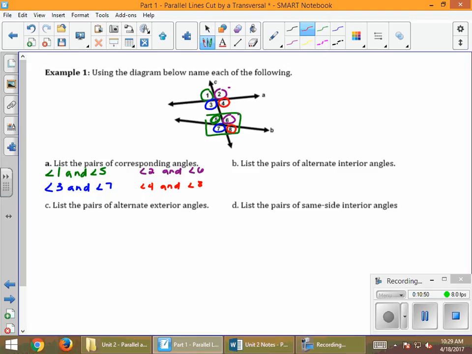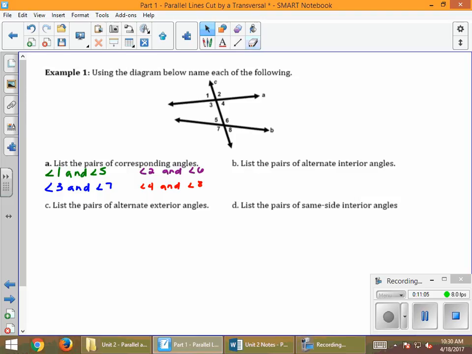I'm going to go ahead and erase what I have. We need to pause so we can talk about part B. Okay. In B, we want to list the pairs of alternate interior angles. So remember, interior is in between the two lines. So this area right here, that area in between the two lines.